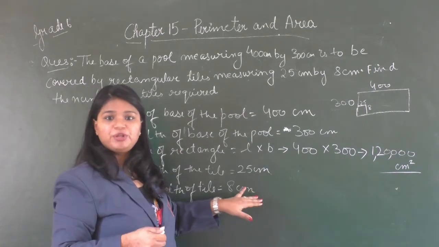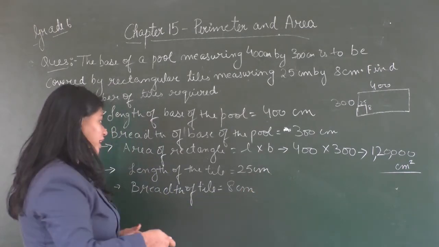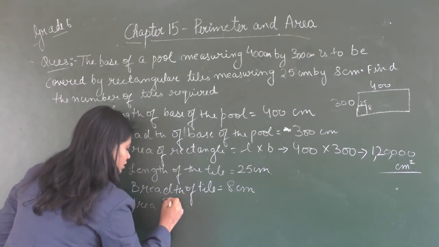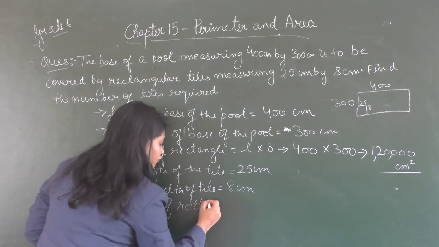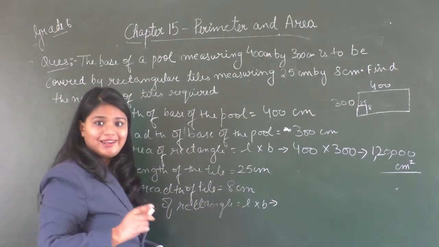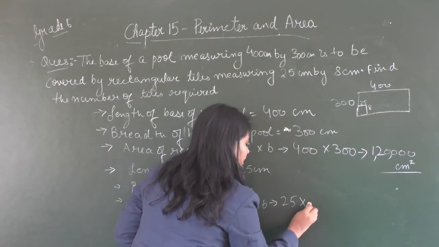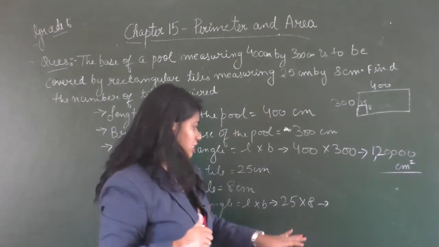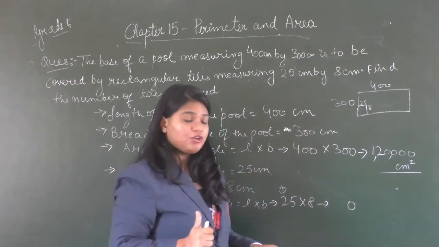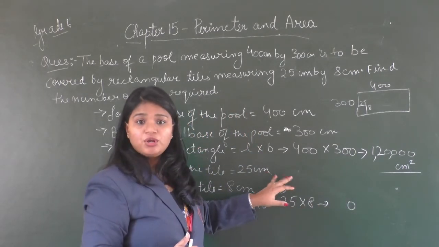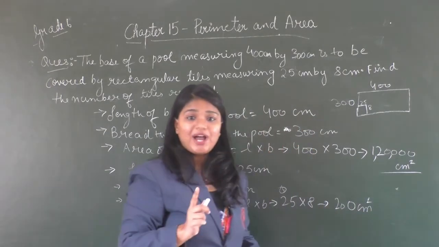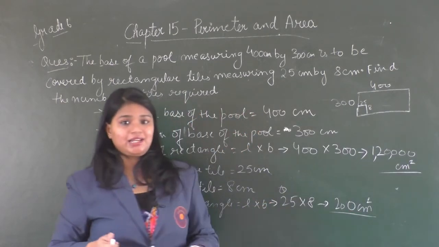Now according to the measurement, we understood it is a rectangle, so we will write the formula for area of a rectangle. So we will write area of rectangle is equal to length into breadth. So here length is 25 and breadth is 8. Let's calculate. 8 5s are 40. So 4 will go in the carryover and we will write 0. 8 2s are 16 plus 4, that is 20. So we got the area of one tile as 200 centimeter.